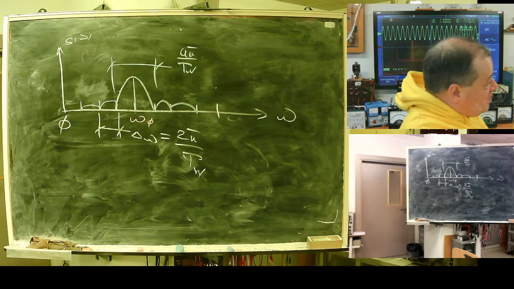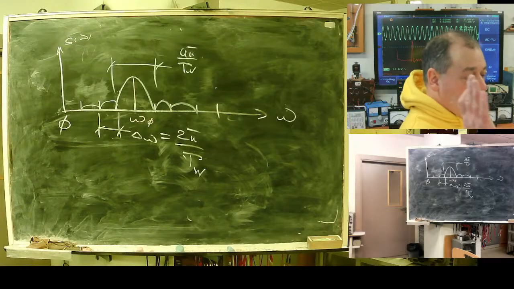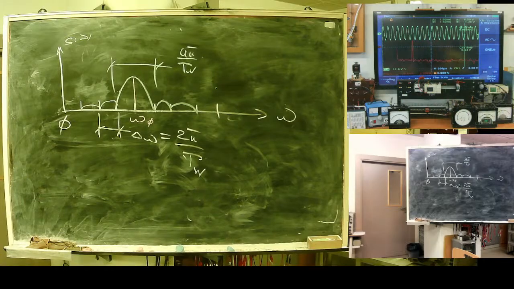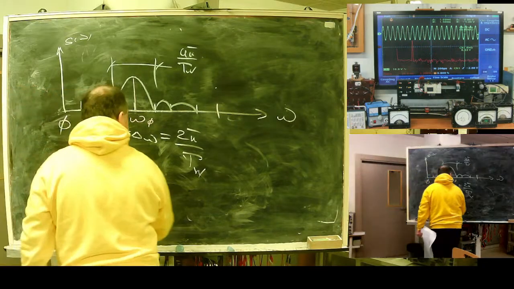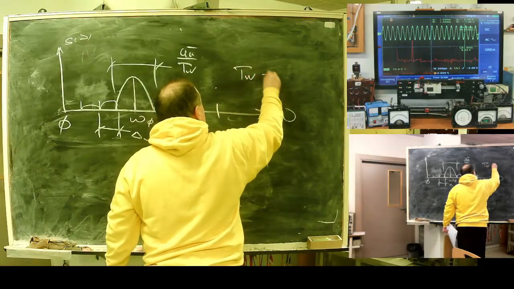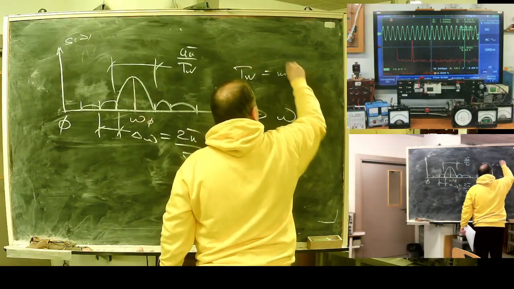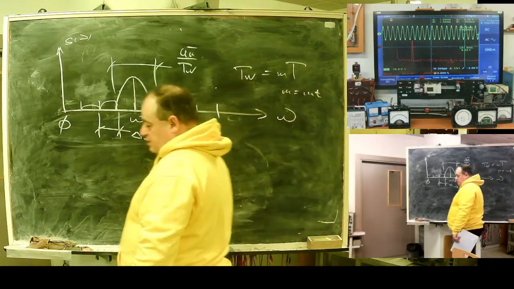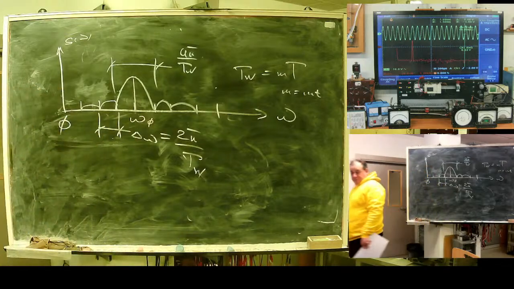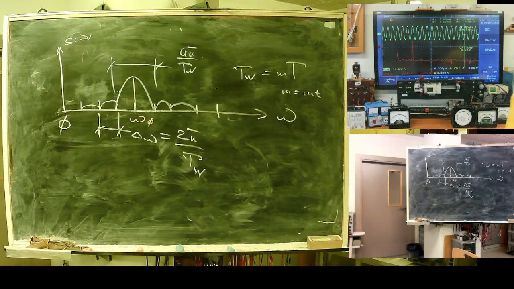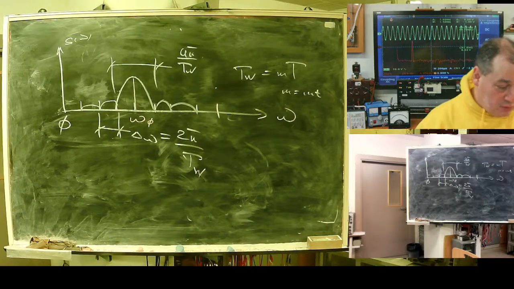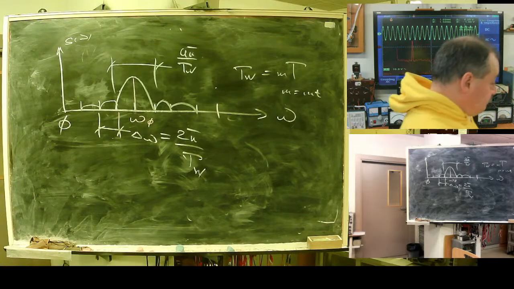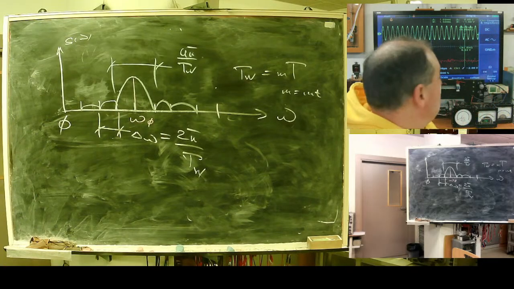This will happen if Tw corresponds to an integer number of periods, Tw is M times T, where M is an integer. If you use a PLL and get your sampling frequency exactly an integer multiple of the net frequency, you will get this.